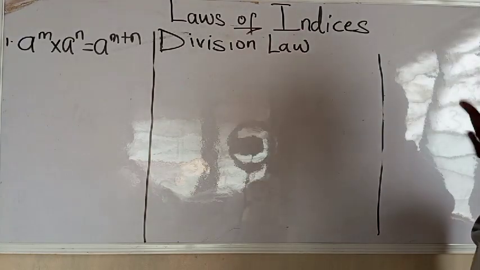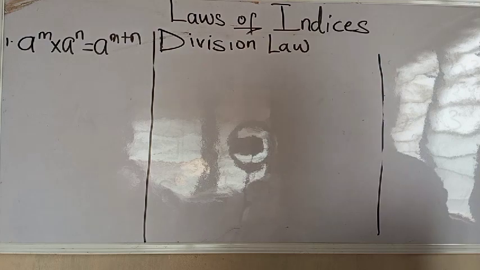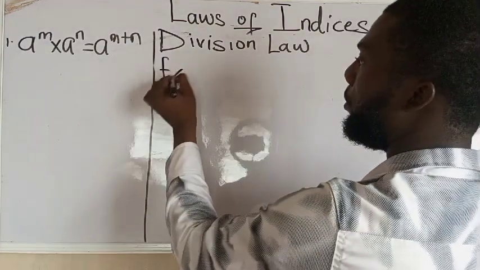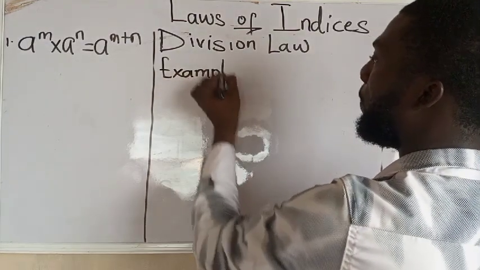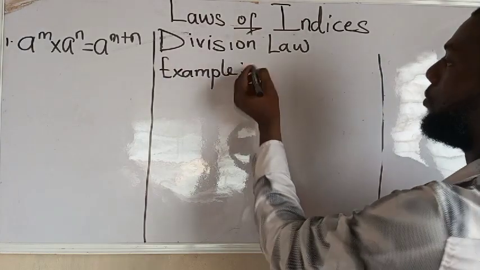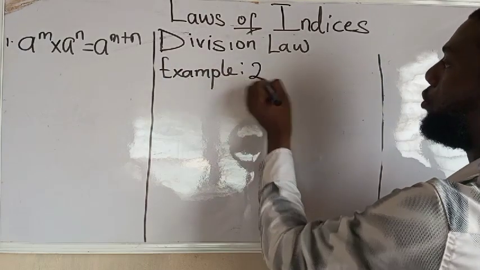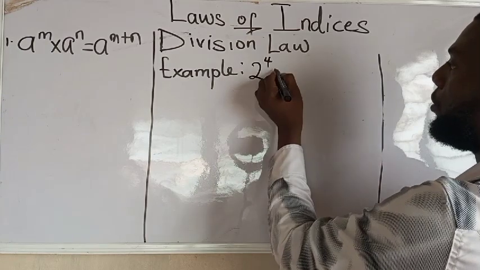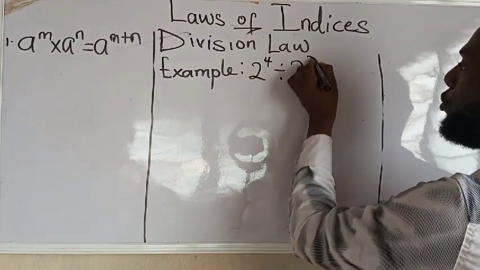Now let's look at the division law. So let's say we have 2 raised to power 4 divided by 2 raised to power 3.